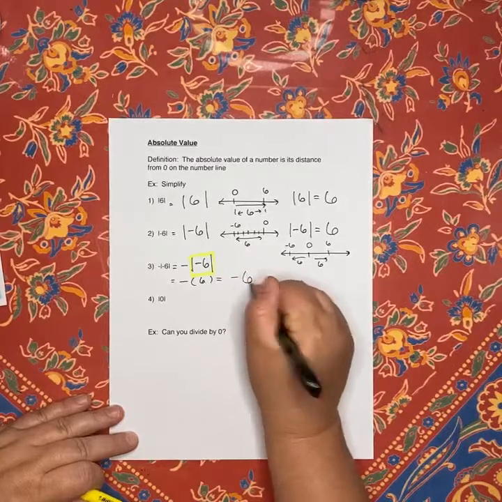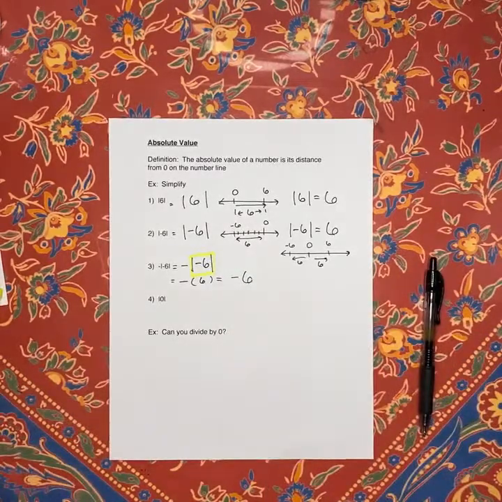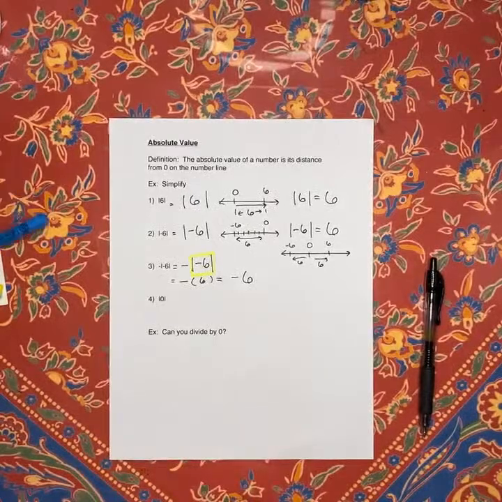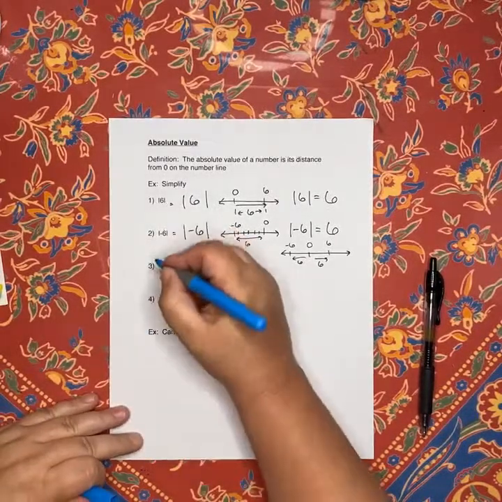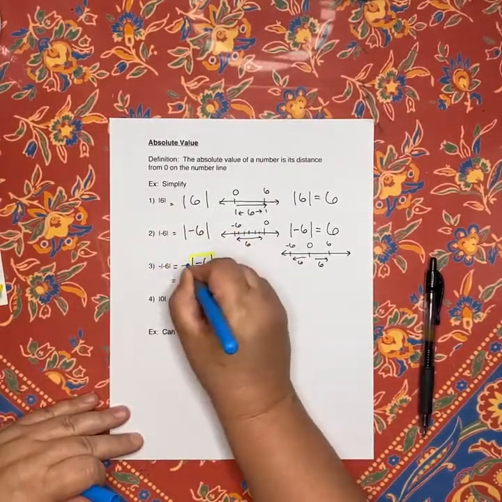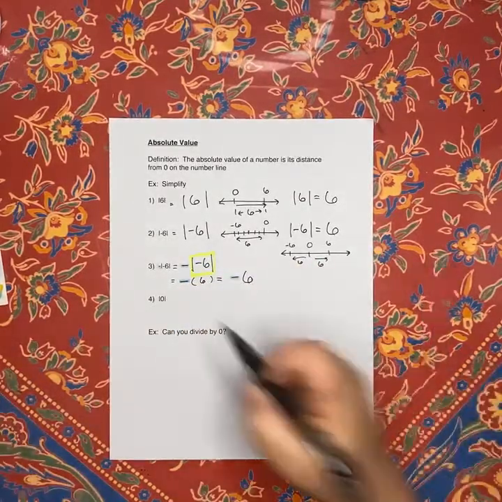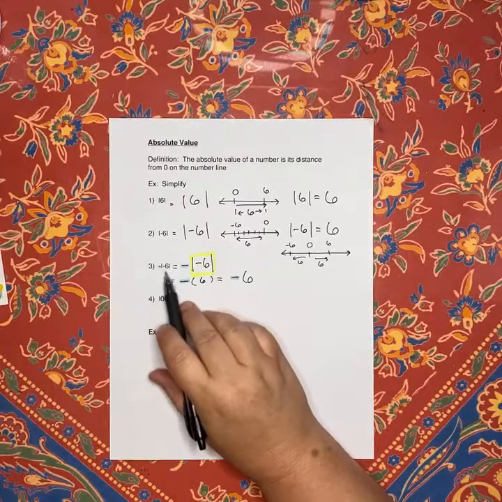So then, well, isn't that funny? I've got -6 again. So even though I took the absolute value, because the minus was waiting outside, that minus kind of ruined everything we did.